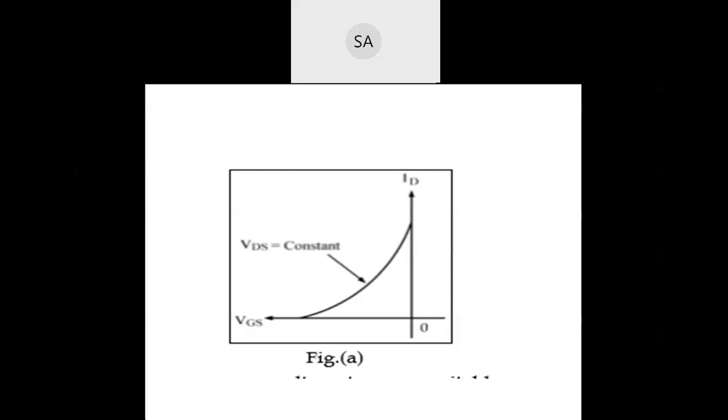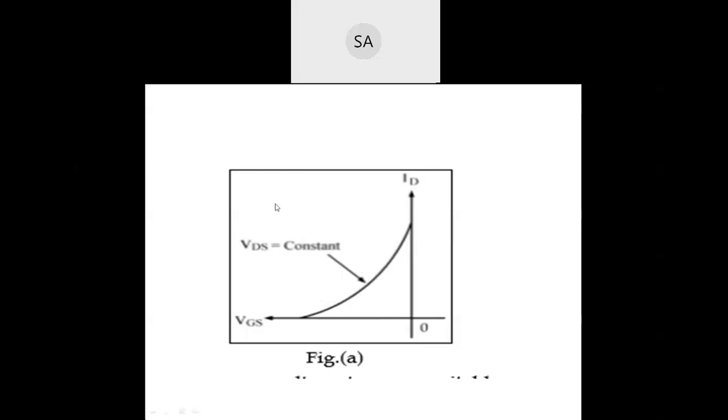That is what we are showing in the graph: as VGS increases negatively, the drain current decreases, keeping VDS constant.